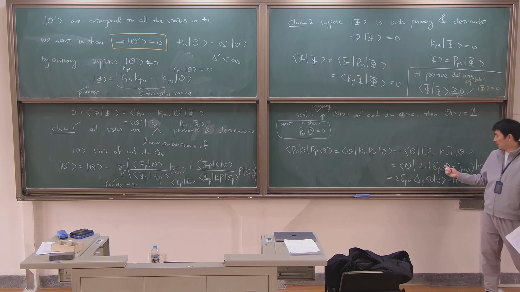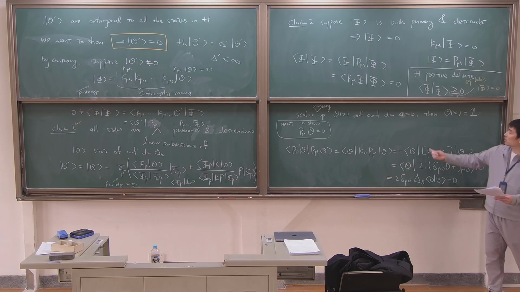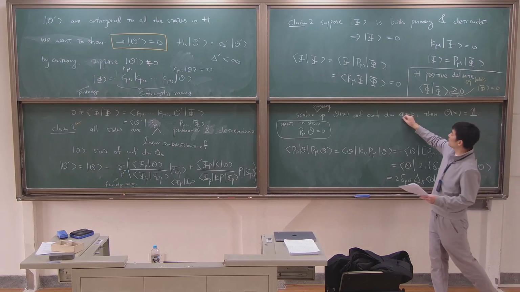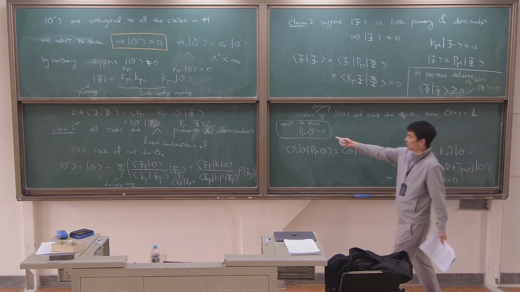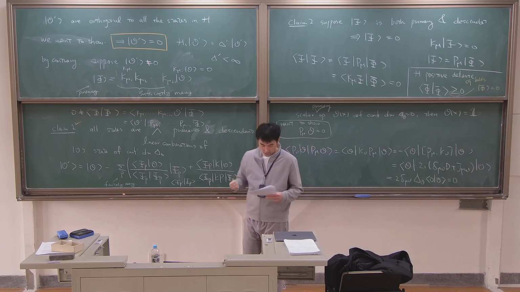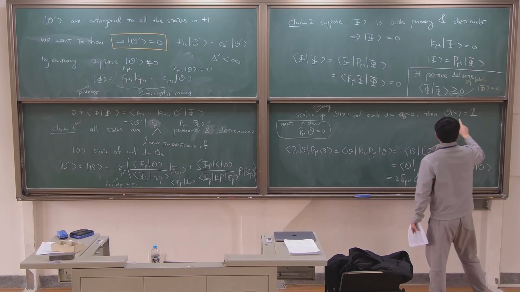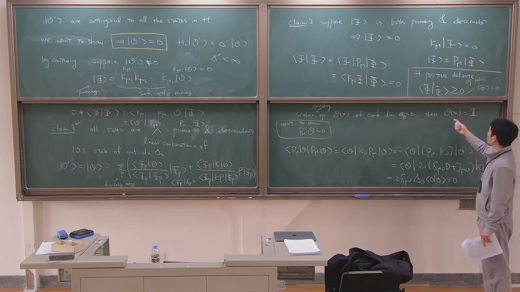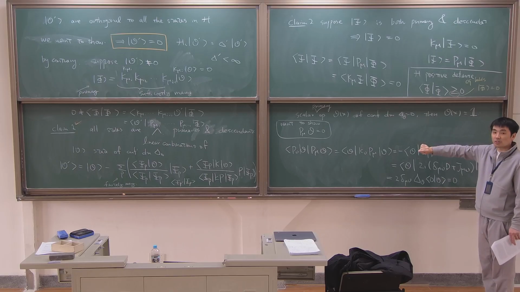On the other hand, D acts on O by the scaling transformation Delta O, and we know this Delta O is equal to 0. Therefore, P acting on the operator is equal to 0. So the operator is just scalar multiplication, independent of x, independent of position.